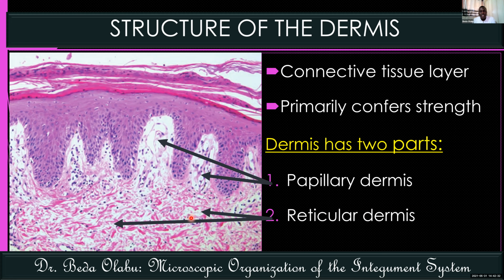The reticular dermis contains, other than just dense, irregular connective tissue, other things, like the sweat glands, the hair follicles extend there, and the like. The sensory receptors are also found within it.